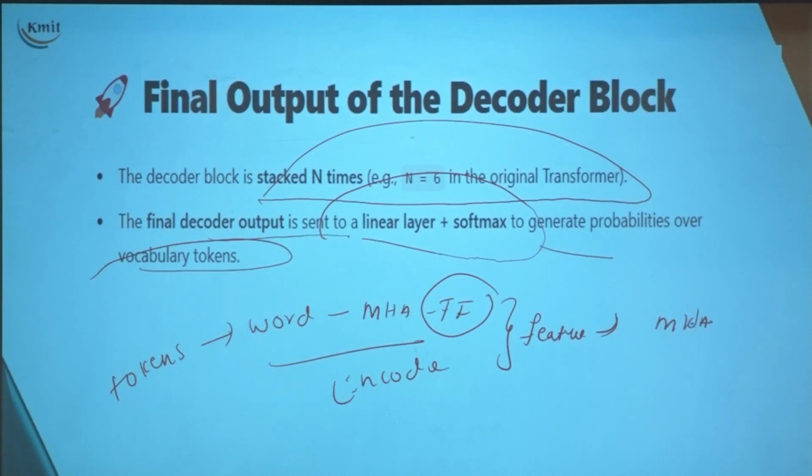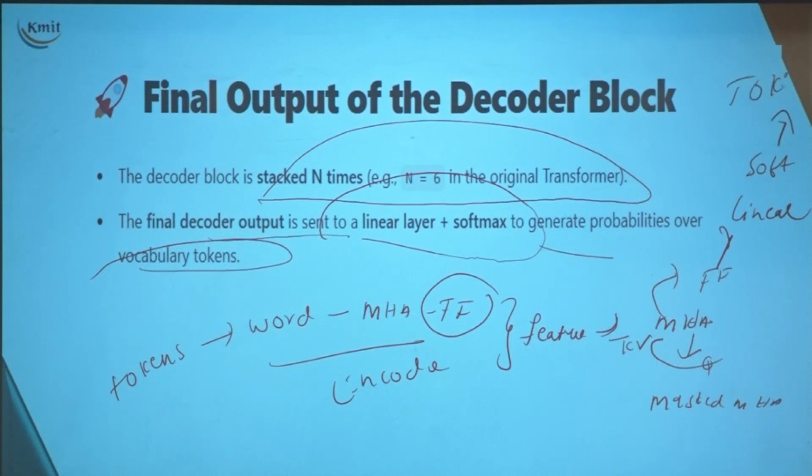The MHA of the decoder, features of K and V, Q from what? Masked MHA. These are compared, given to what? FF. Here I have linear. Here I have softmax. Here again I am generating tokens.